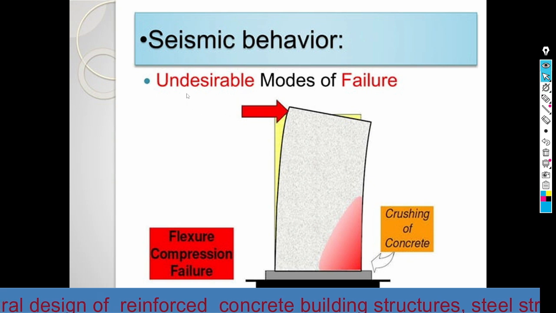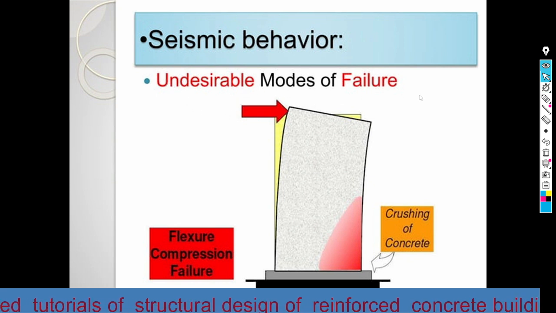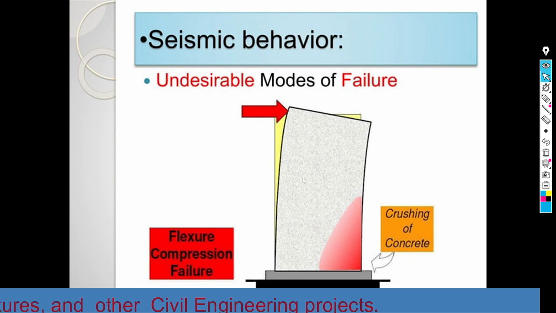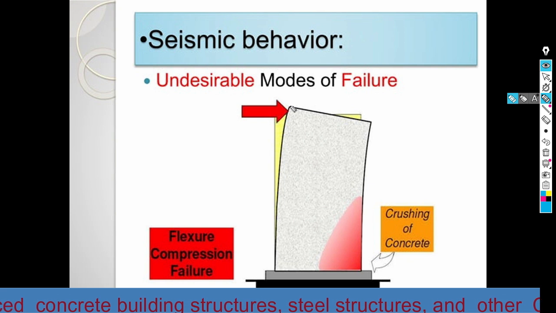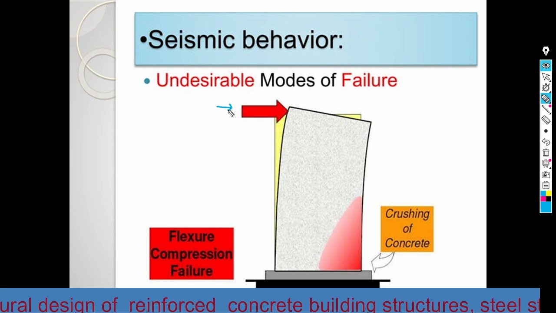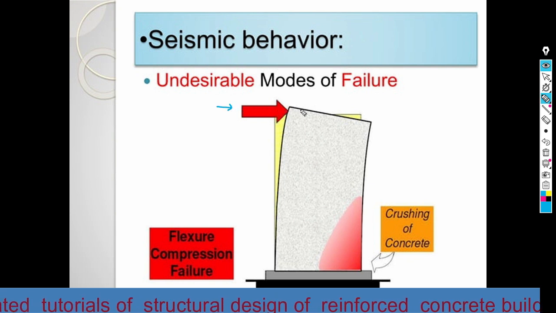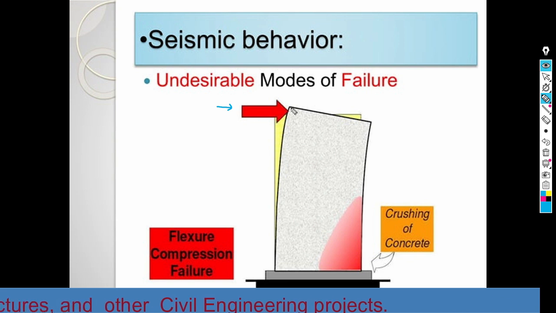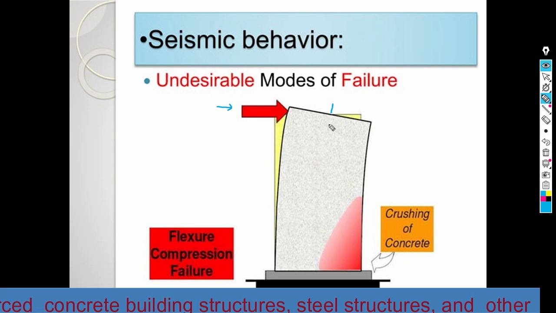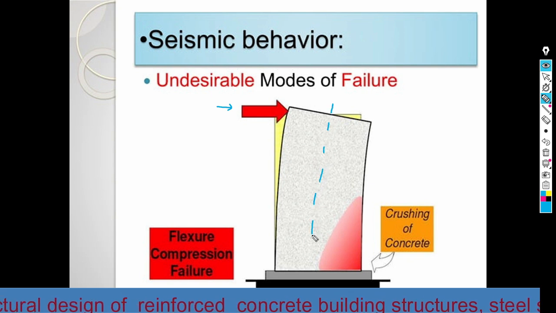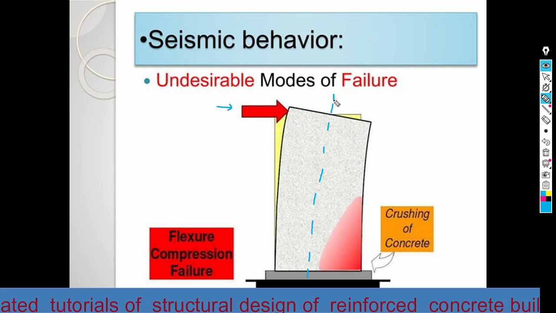And now there is also an undesirable mode of failure here. Suppose we are applying a lateral force at the top of the structure. Here this is the location of the neutral axis.